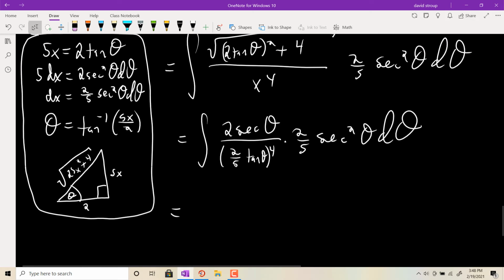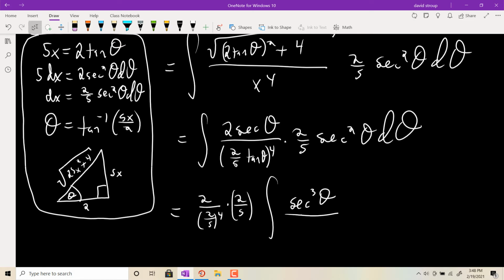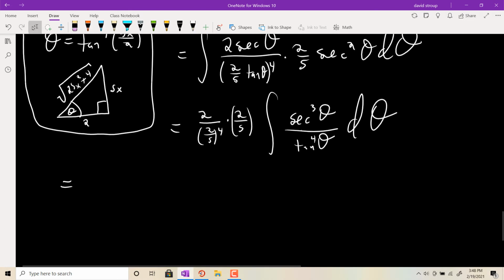I could factor out the constants, so you'd have 2 all over 2/5 to the 4th power times 1 factor of 2/5 times the integral of secant cubed theta all over tan theta to the 4th power d theta. And then I could clean up this constant a bit. So 1 factor of 2/5 will cancel out and get 2 all over 2/5 cubed.